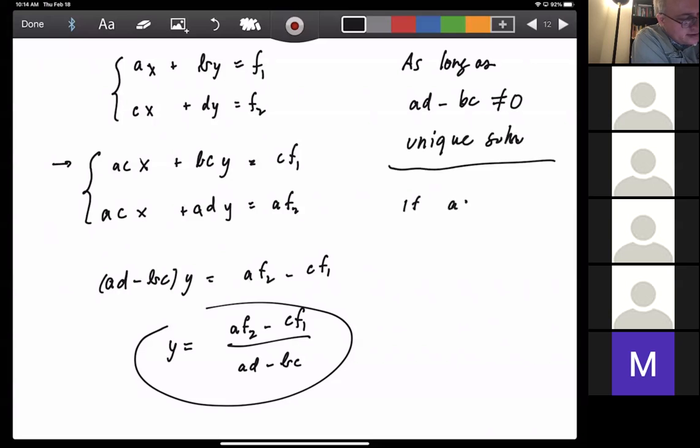If AD minus BC is equal to 0, then we may or may not have solutions. So there may be no solutions.